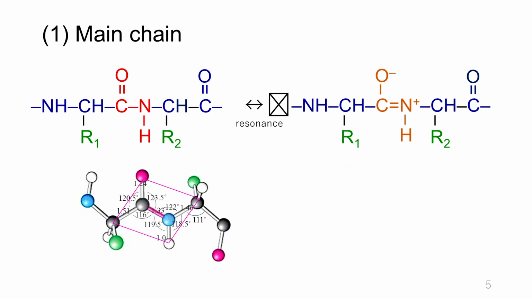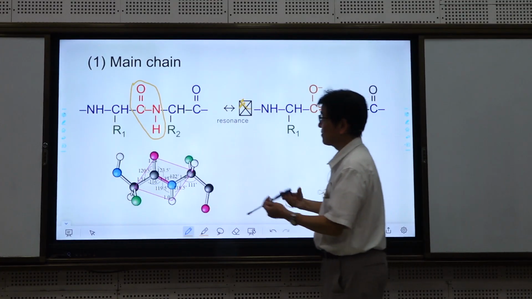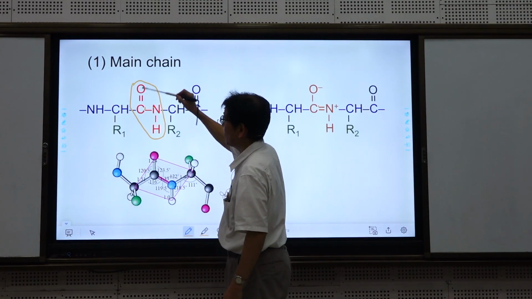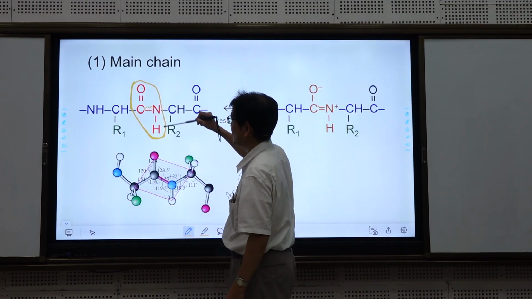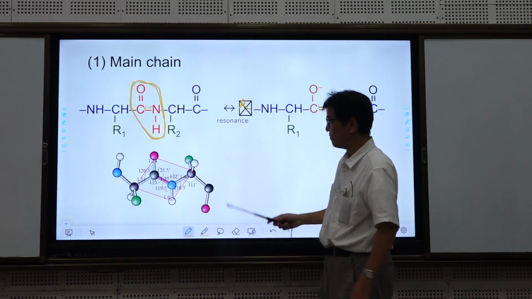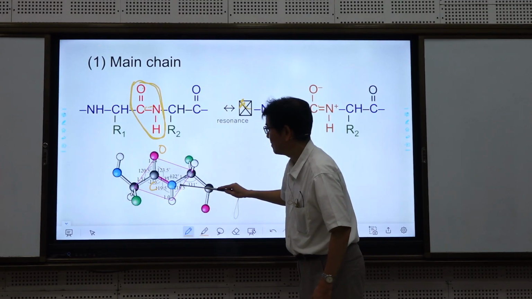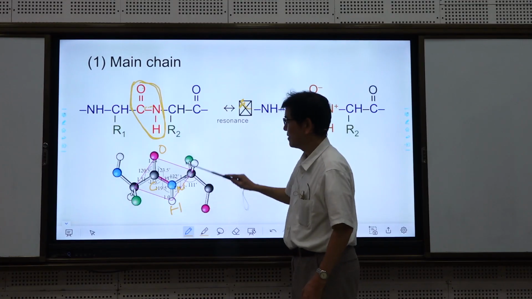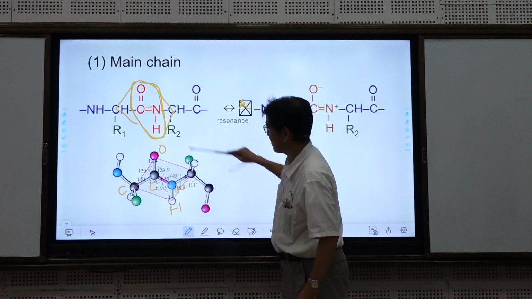For this reason, the CN single bond has the character of a double bond to some extent. For this reason, O, C, N, H, including the carbon in this part and the carbon in this part, are in the same plane.